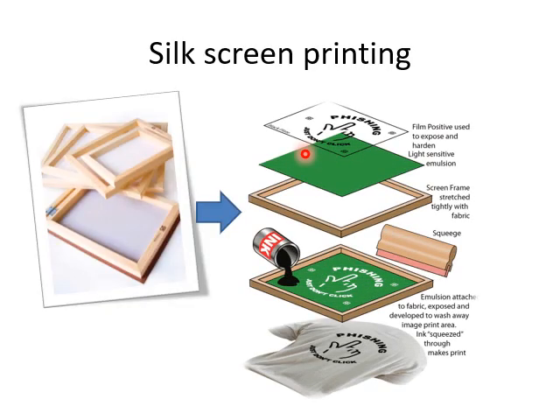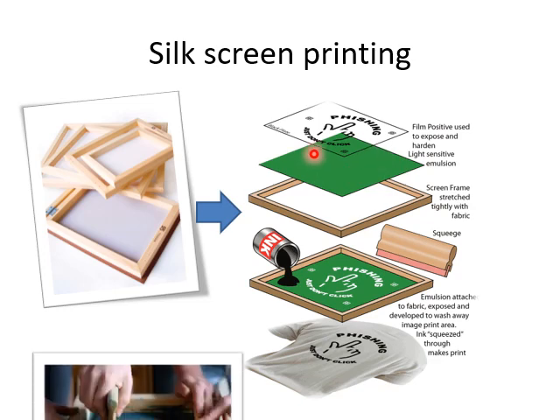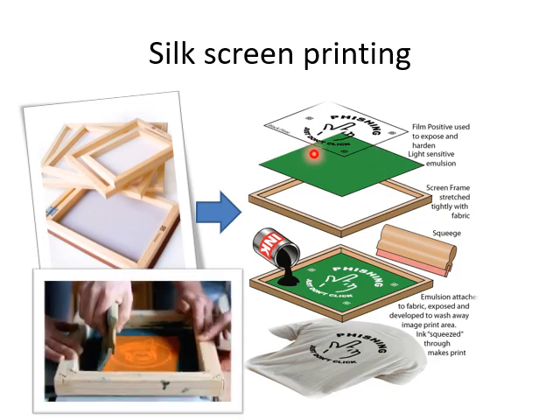Silk screen printing is one of the most simple and cheap processes, involving the use of masking as a screen pattern. Over here you have the screen pattern made from a film positive, used to expose the hardened and light-sensitive emulsion. Sometimes we can use laser printing or a laser beam to burn out or make a pattern on the surface of a screen, for example.